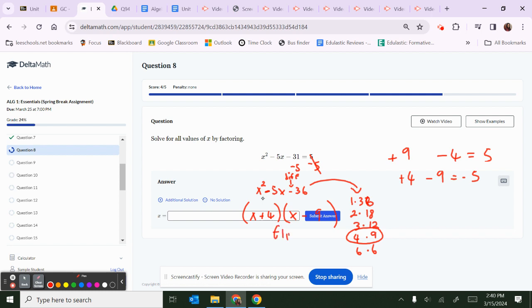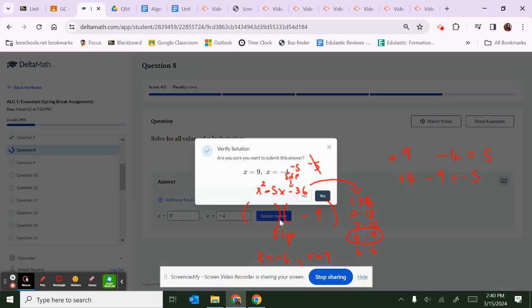Now we flip the sign so we can find the values of x to be negative 4 and positive 9. So again, the answers would be negative 4, positive 9. And it doesn't matter which one you type in first. So I'll type the 9 first, I'll type the negative 4 after. Still gives me the same result.